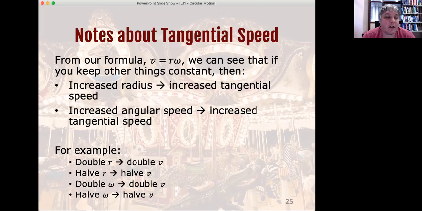Similarly, if we keep r constant and we increase omega, then v must go up. So if you increase either of them, then the tangential speed is going to increase. To be specific, if you double r, you're going to double v. If you halve r, you're going to halve v. If you double omega, you're going to double v. If you halve omega, you're going to halve v. So it's a very simple relationship between all of those properties.